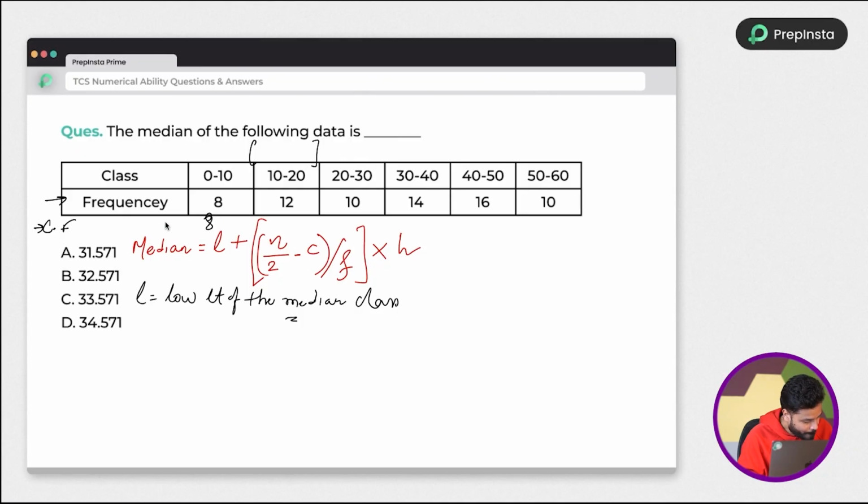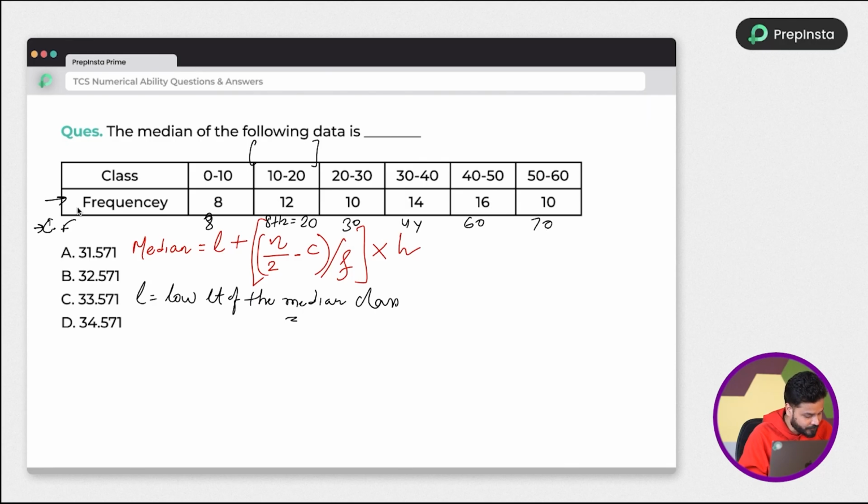The cumulative frequency of this class is 8 plus 12, which is 20. For this, it would be 20 plus 10, that is 30. For this class, 30 plus 14, which is 44. For this class, 44 plus 16, which is 60. And for this one, 60 plus 10, that is 70.